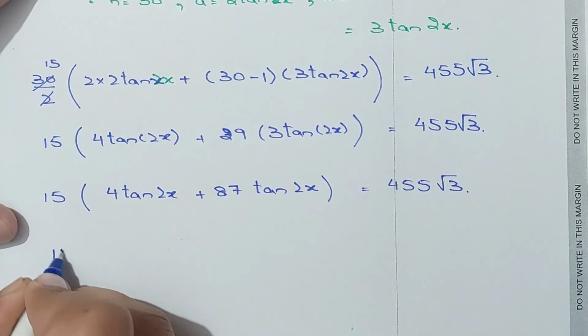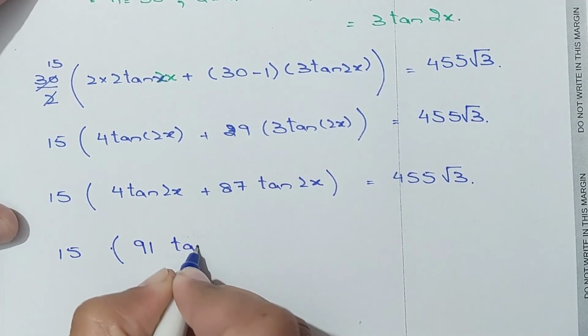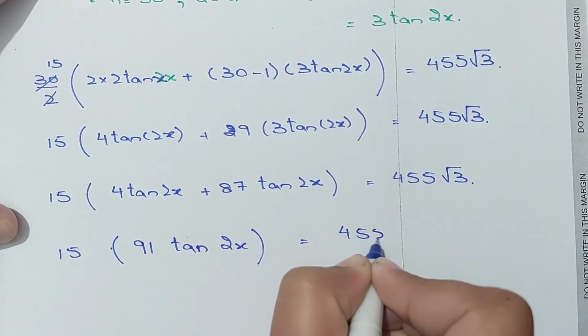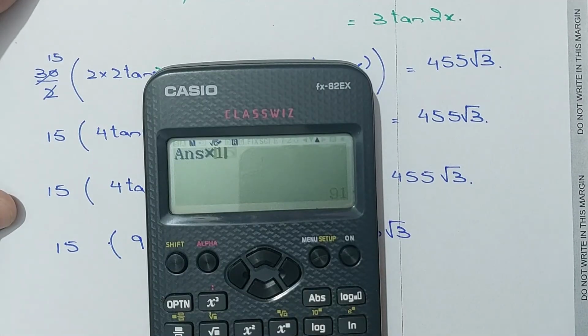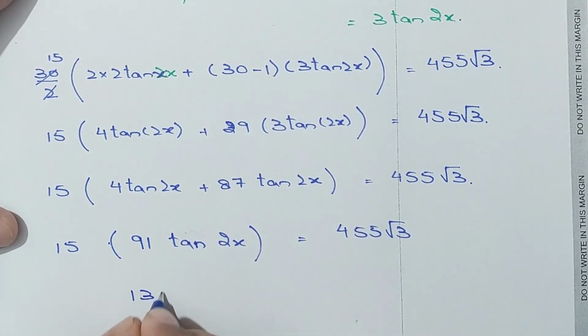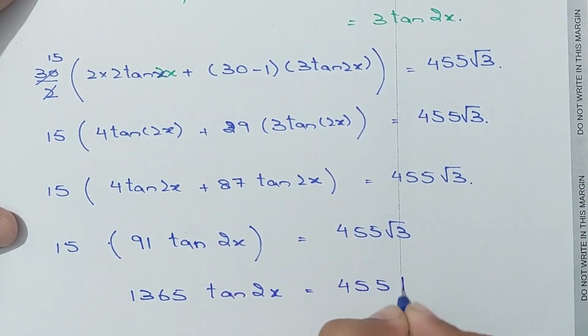Alright, so 15 into 91 tan 2x is 455 root 3. 91 times 15 is 1365. 1365 tan 2x is 455 root 3.